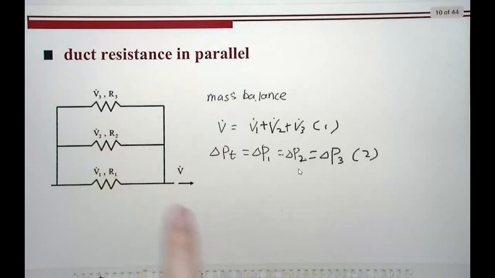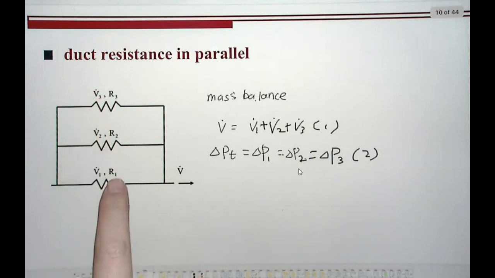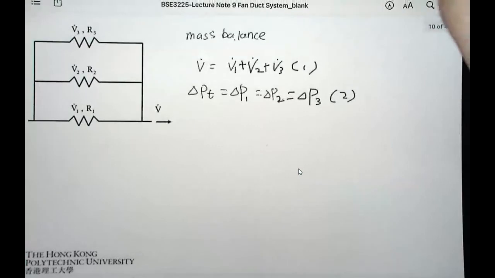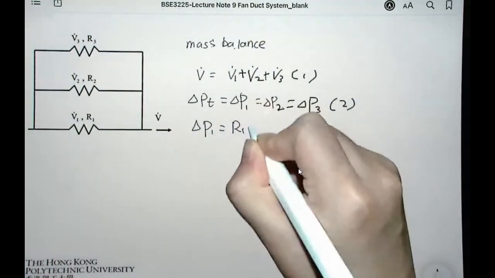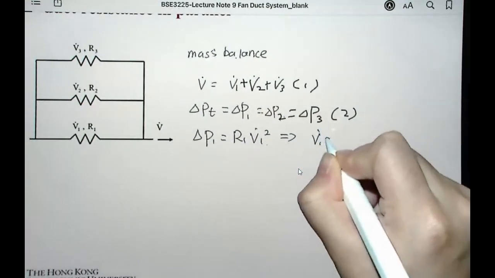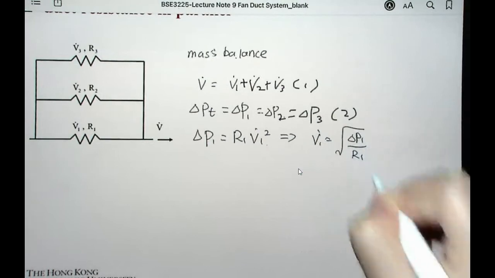So that means you can express V dot 1, V dot 2, and V dot 3 as a function of resistance and delta P. So delta P1 equals R1 times V dot 1 squared, which means V dot 1 equals the square root of delta P1 divided by R1.